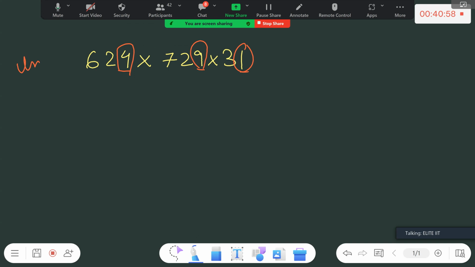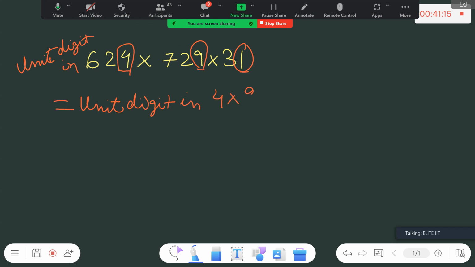The unit digit is equal to the unit digit when you multiply only the unit digits. 4 into 9 into 1 is 36. So what will be the unit digit? 6. Is it clear?